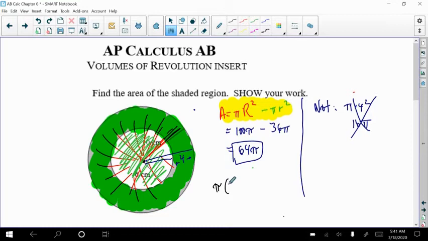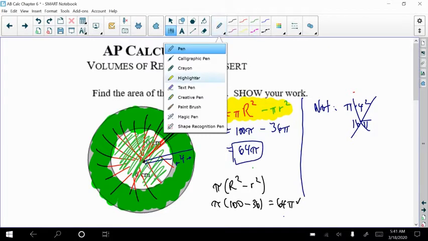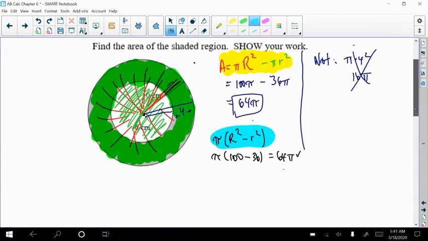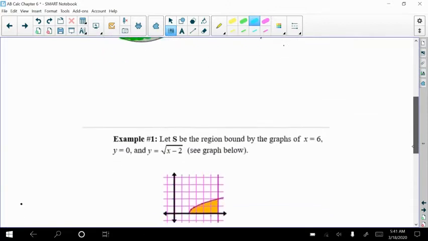And then I have big R squared minus little r squared, which was pi times 100 minus 36 to get 64 pi. Okay, that piece actually is really important because I'm going to really go back and talk about, okay, there's the big R and the little r, and they're just two circles, one embedded in the other.